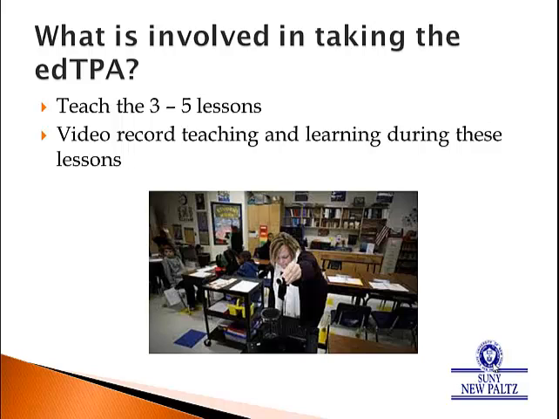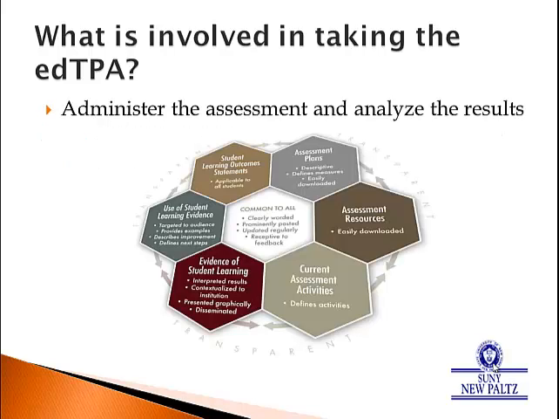The candidate administers the formal assessment and evaluates students' learning based on their application of the learner strategy taught. Reflection on teaching and whole group and individual performance demonstrates candidate understanding of the assess, plan, instruct cycle.